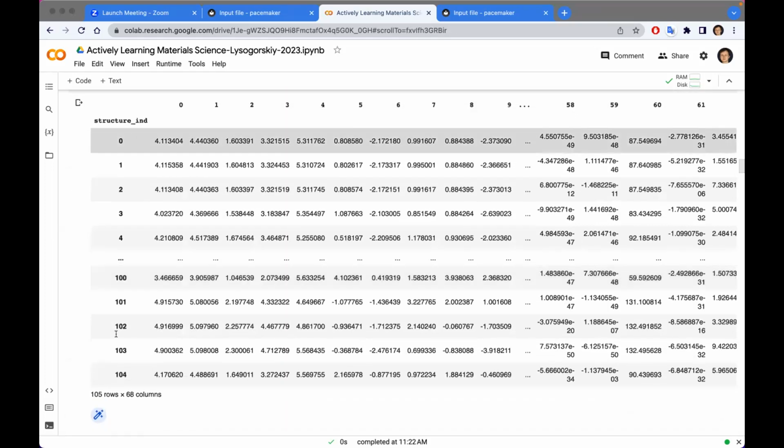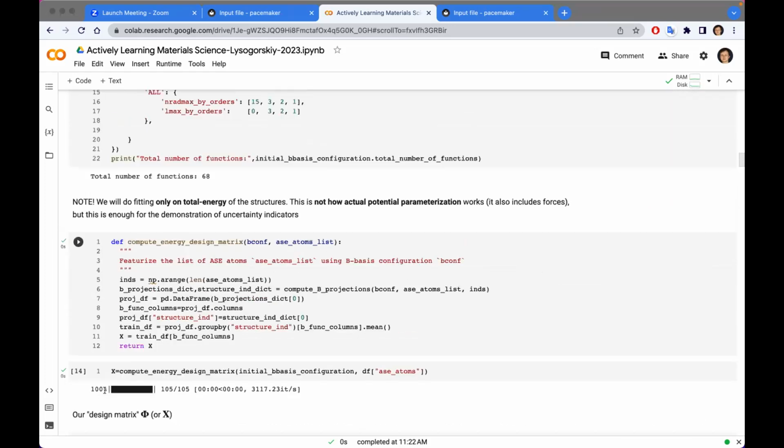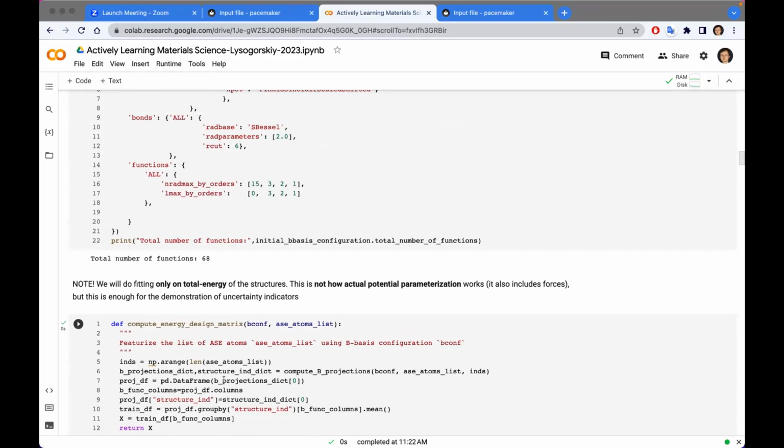So you can see 105 rows. I have to say that even though we compute projections for each atom, later here I group by structure index and just take an average value of the functions, pretending that I sum up the atomic site energy contributions to the total energy per atom of the system. I mean, it's just a mathematical transformation.